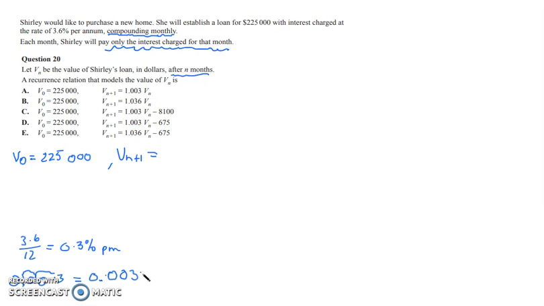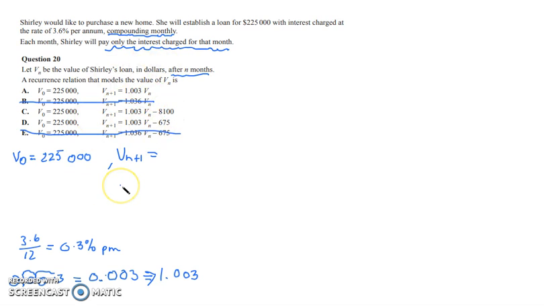As I just said, we are increasing our loan, so it's going to be 1.003. Out of all these options, we can now cross out B, because it says 1.036, meaning we haven't changed the 3.6 into a per month rate. We can also take out E, because it's once again 1.036.